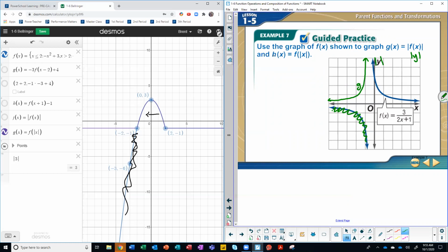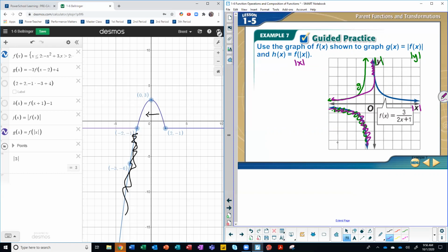Or for H of x here, I'll go purple. For H of x, you take your positive x's and make them negative. So you're looking now at the positive x's, which is this portion, and this would get reflected this way. And this part would go away, and this part would go away.